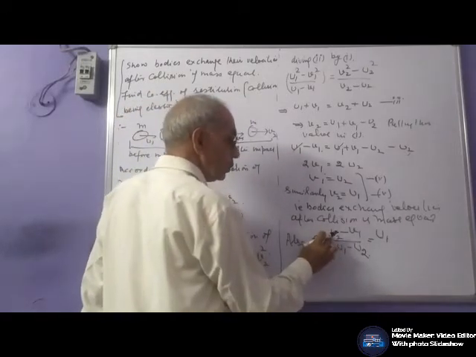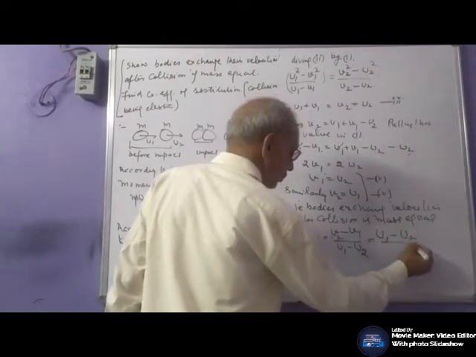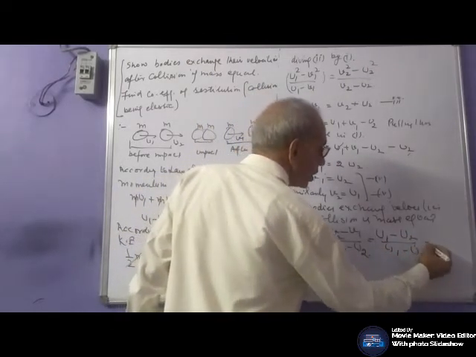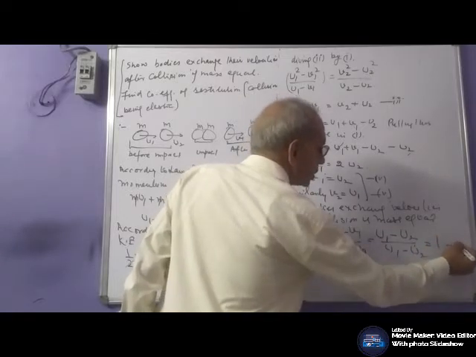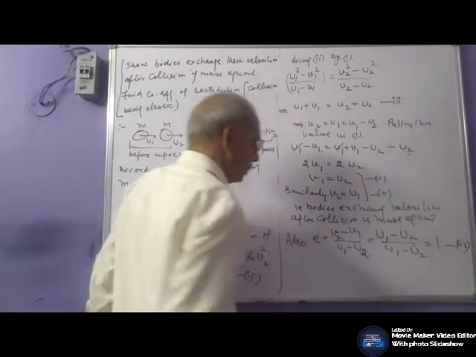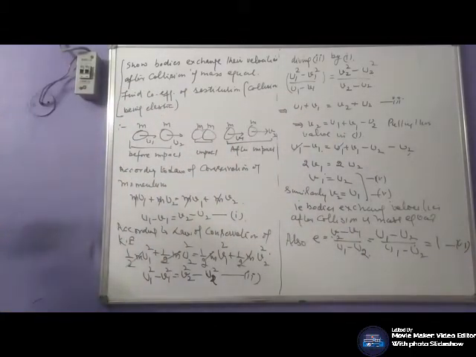What is V2? It is U1. What is V1? It was U2. So it is U1 minus U2 over U1 minus U2, and it comes out to be 1. Elastic collision shows the coefficient of restitution should be 1.